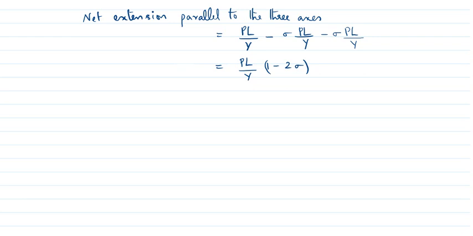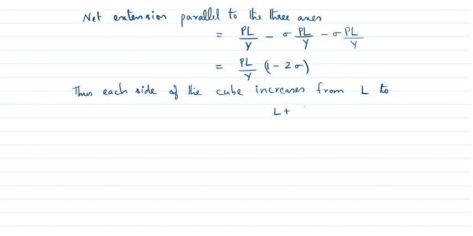So we can say thus each side of the cube having L length increases from L to L plus PL divided by Y, 1 minus 2 sigma, this much value.